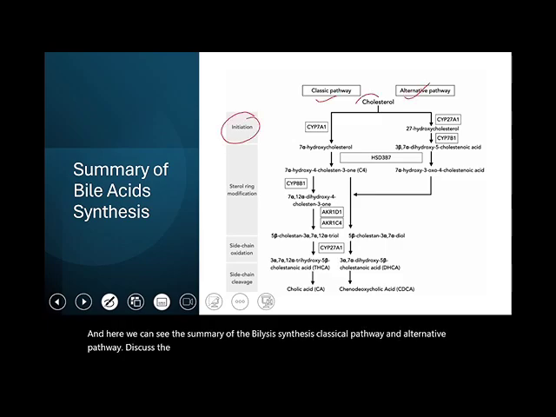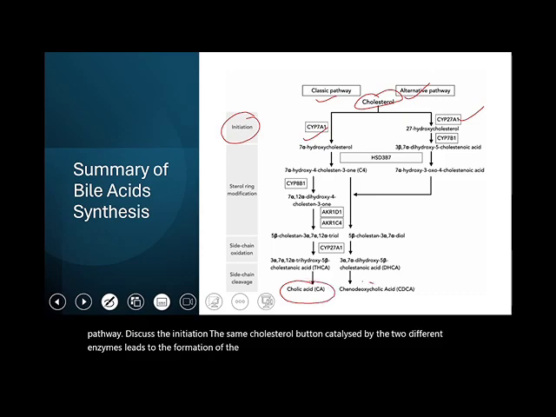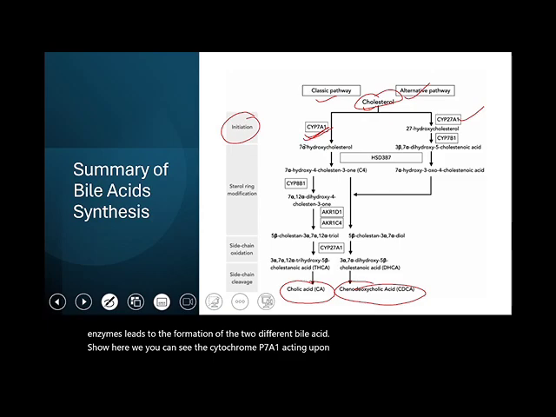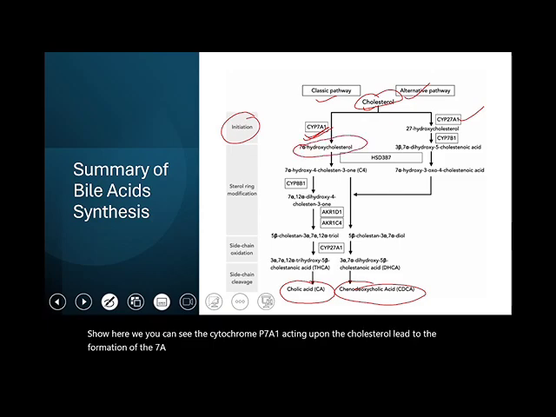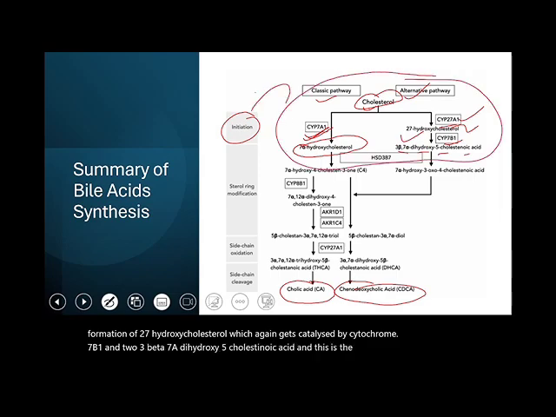In the initiation, the same cholesterol, catalyzed by two different enzymes, leads to the formation of two different bile acids. Here you can see cytochrome P7A1 acting upon the cholesterol, leading to the formation of 7 alpha hydroxycholesterol, and the cytochrome P27A1 enzyme leads to the formation of 27 hydroxycholesterol, which again gets catalyzed by cytochrome 7B1 to 3 beta 7 alpha dihydroxy 5 cholestenoic acid, and this is the initiation step of bile acid synthesis.